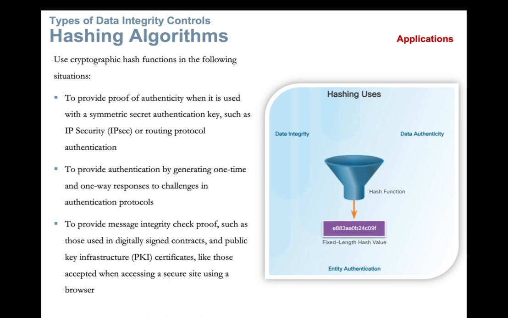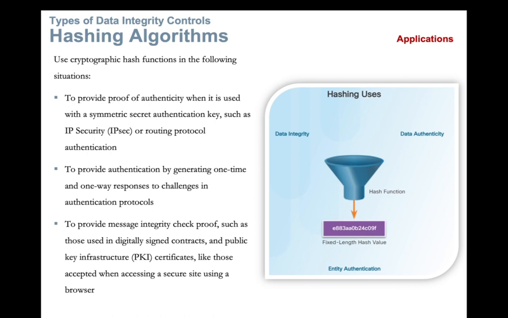While hashing can detect accidental changes, it cannot guard against deliberate changes. There is no unique identifying information from the sender in the hashing procedure. This means that anyone can compute a hash for any data as long as they have the correct hash function.